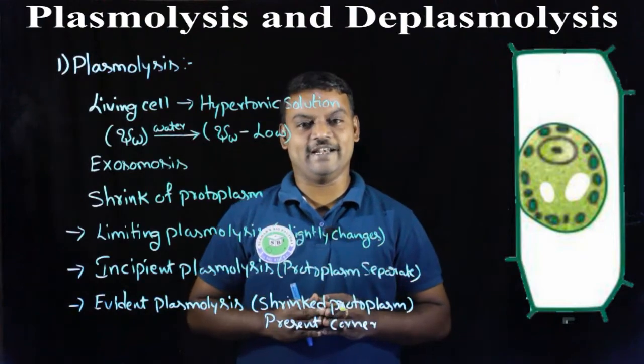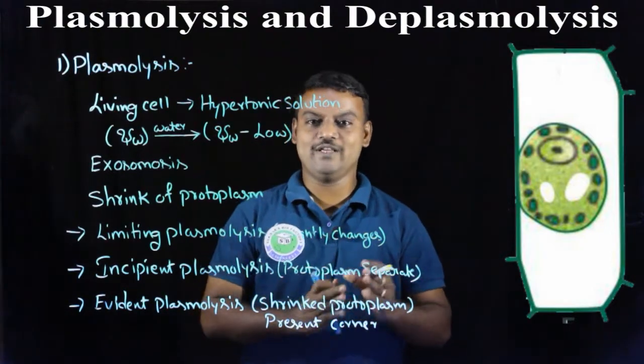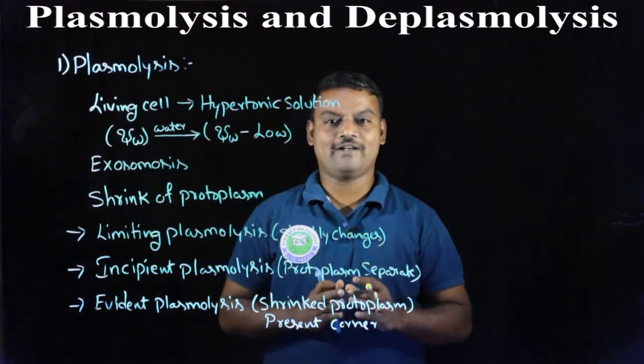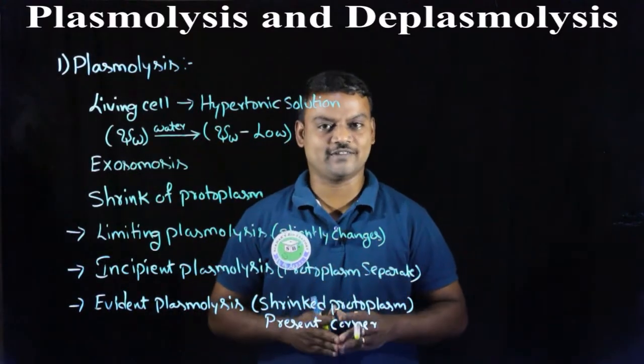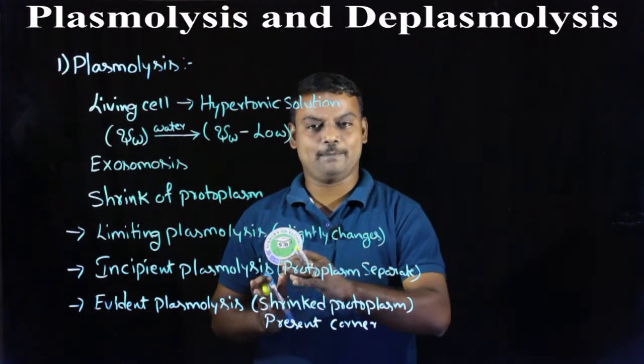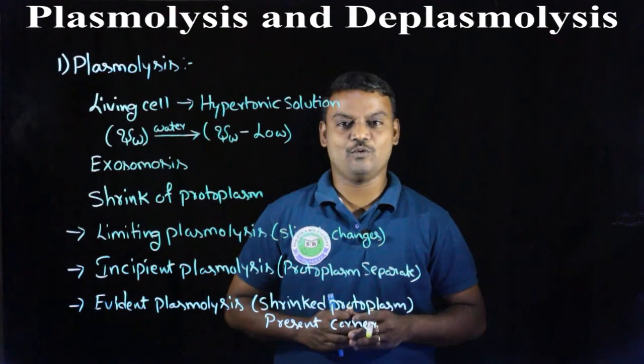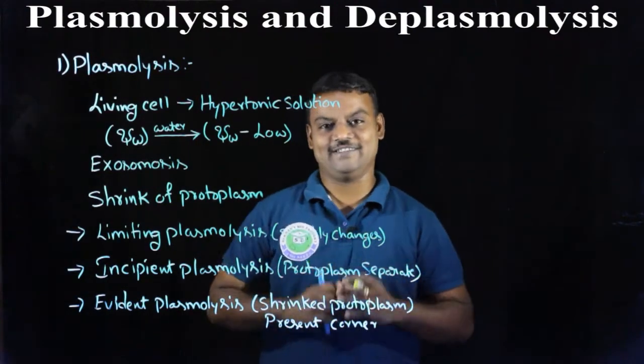This empty space is filled with hypertonic solution. In this way, gradually, water moves from inside to outside of the cell, and the protoplasm shrinks and settles at one corner. This is said to be plasmolysis.